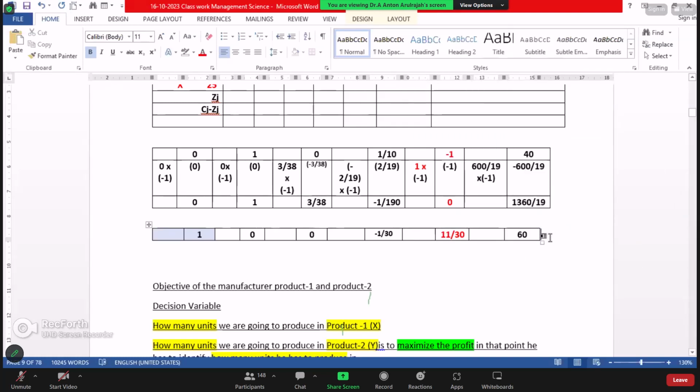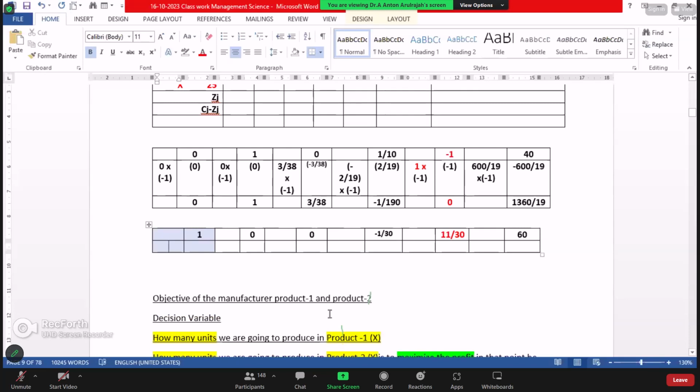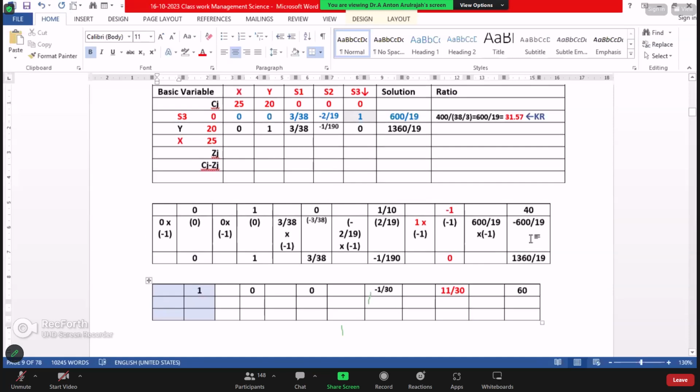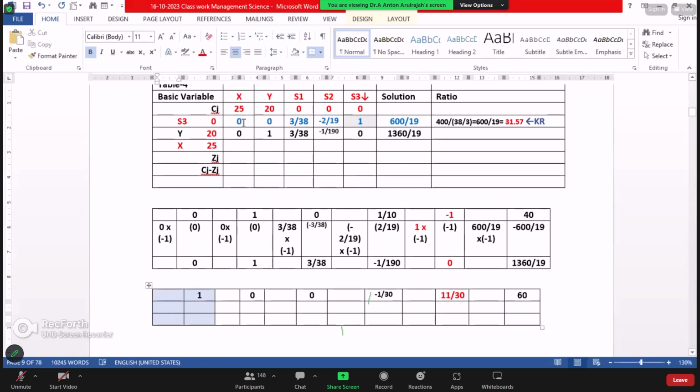Right. So here, the new row, that means the total advance, right? The same row is to multiply by 11 by 30. Yeah. So 0, here 0, multiply by 11 by 30.